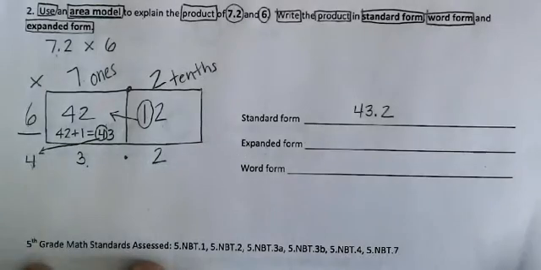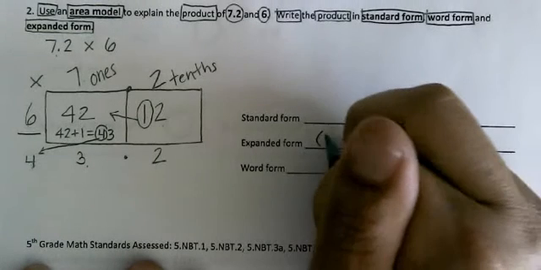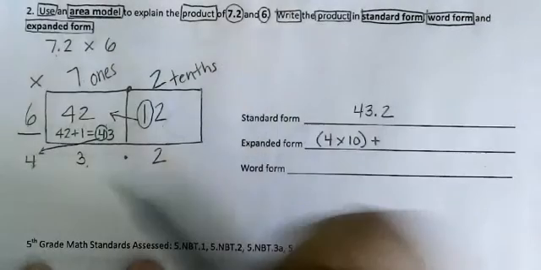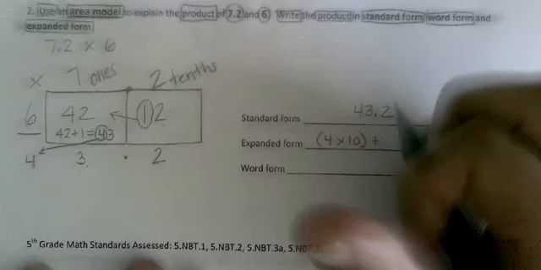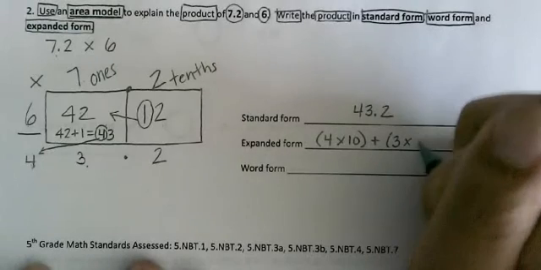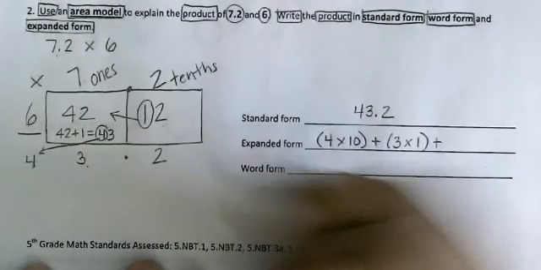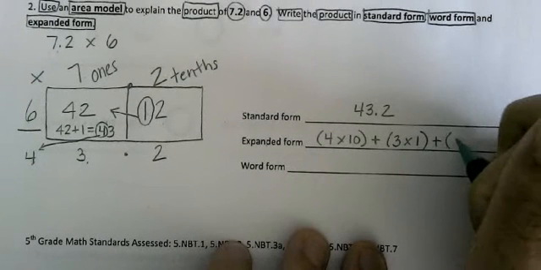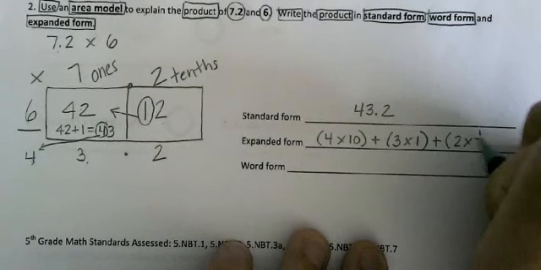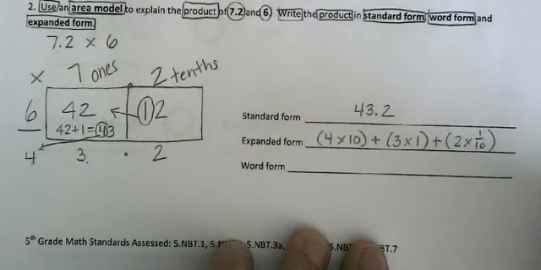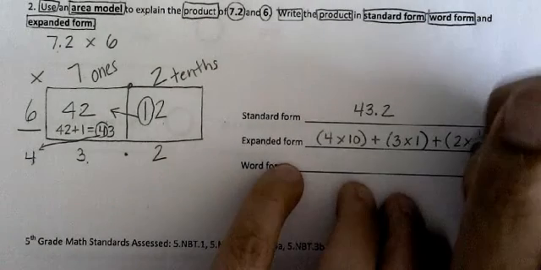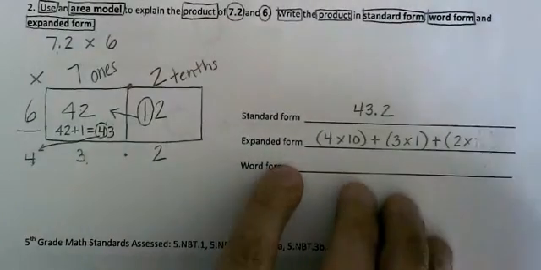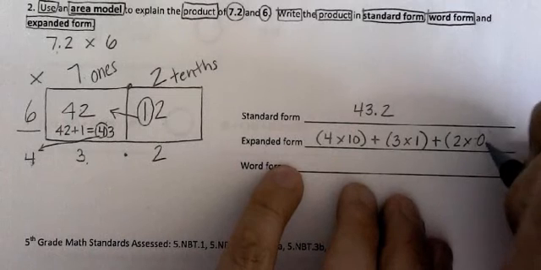That should be in the tens, so we have 4 of them, so we get 4 times 10, in parentheses, plus 3 times 1, so we have 3 ones, plus 2/10. So we can either write it as 2 times 1 over 10. Or, if you did decimal, your decimal would have been 0.1.